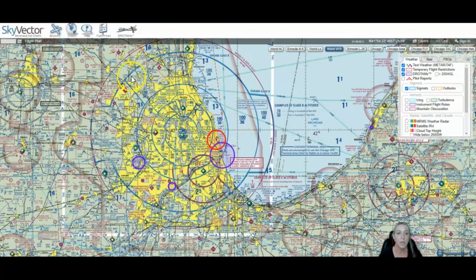Okay, so this is the Chicago airspace on the charts. A couple of different things to think about when you're looking at Class Bravo airspace. Class Bravo airspace is identified using these solid blue lines. You'll see here we've got one that is a dotted blue line. That's going to be your Class Delta airspace. We'll talk about that when we get to Class Delta.